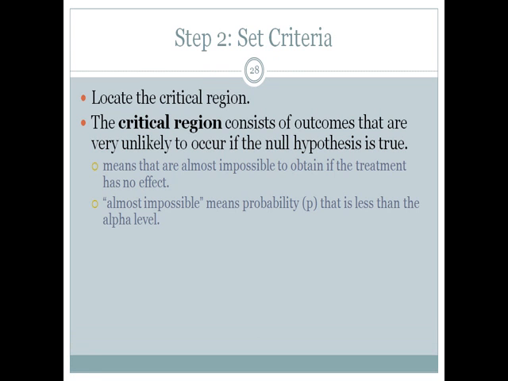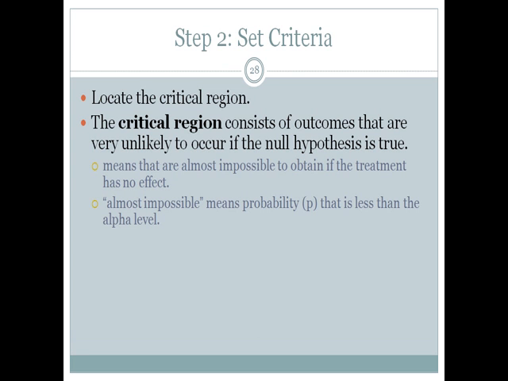So step one is we've set our alpha level. For most questions that we're going to go over, our alpha level is going to be assumed to be 0.05. Step two is to locate the critical region. The critical region of a distribution consists of the outcomes that are very unlikely to occur if the null hypothesis is true.